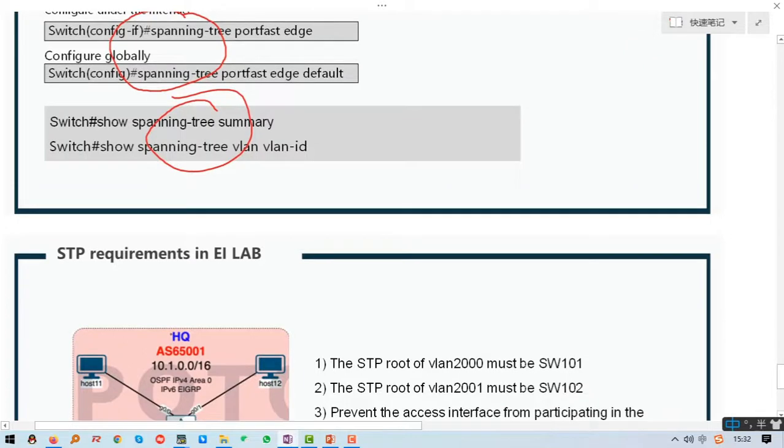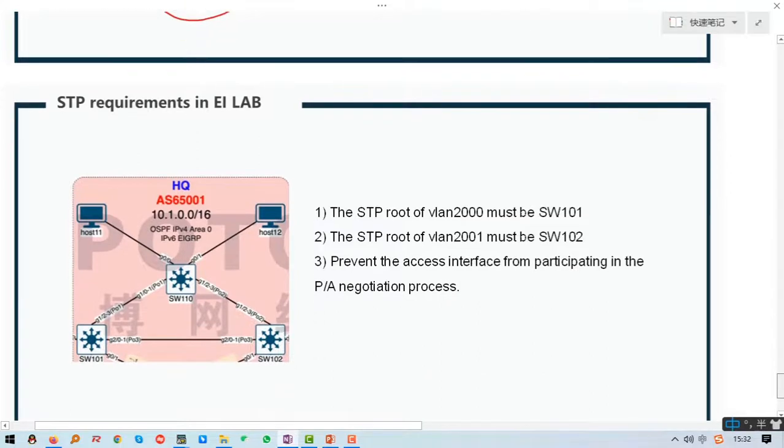Let's first introduce the RSTP requirement in EILab. First of all, there are two VLAN IDs in this HQ category.